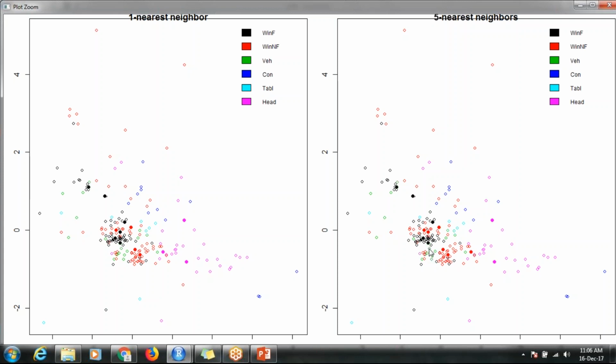More or less it is the same, but as we have seen, as the range increases, the number of neighbors considered for the classification changes. My classification also changes slightly. So there is a bit of difference here. Otherwise, more or less the results are the same.